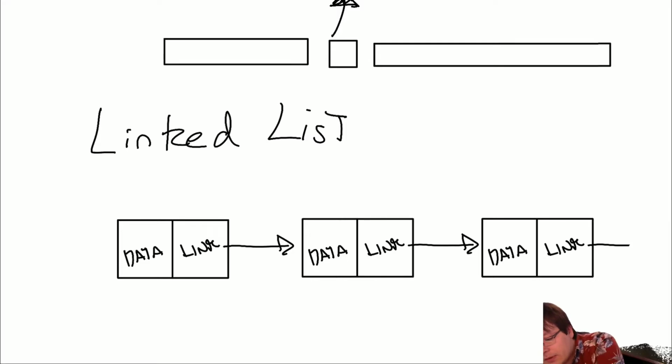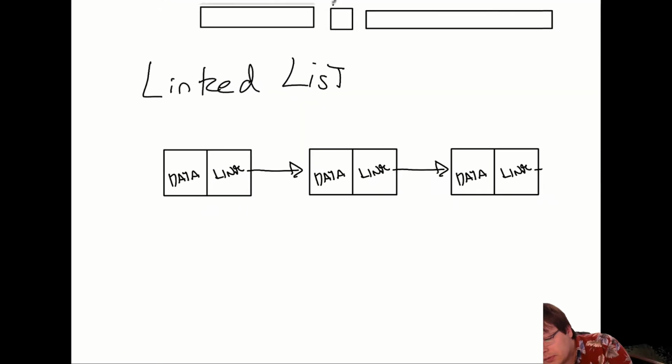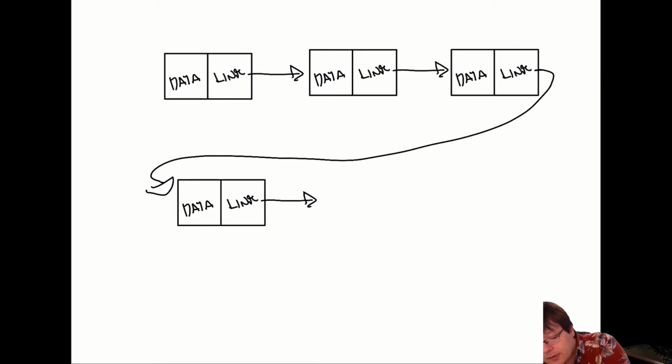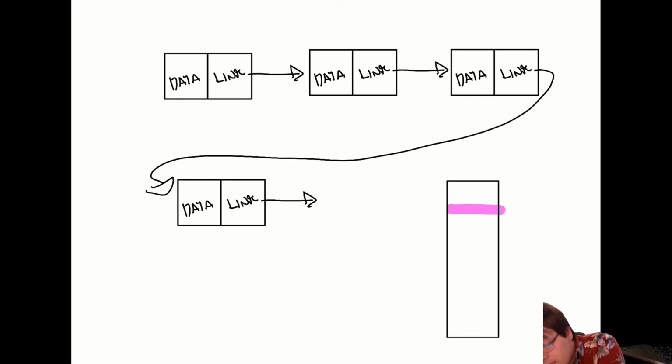The cool thing about this is that they don't have to be stored in the same spot in memory. I could have each of these links stored in completely different locations in main memory. So I can do something like this technically. So in my main memory, I could have one of the nodes here.